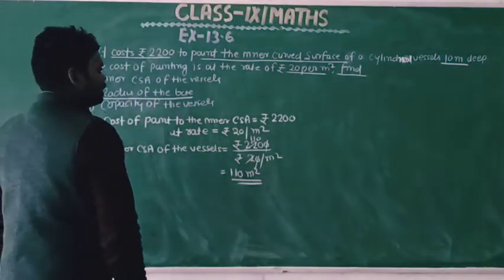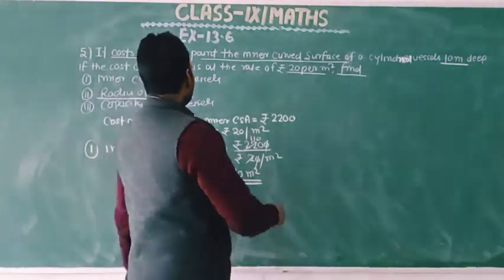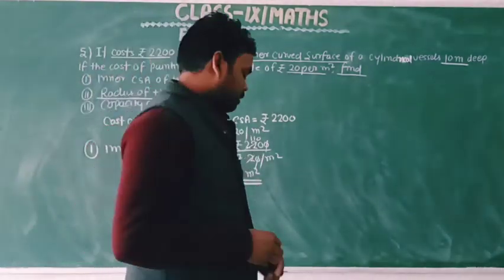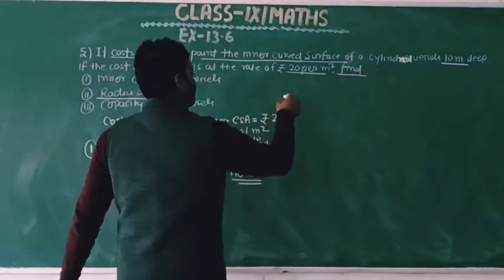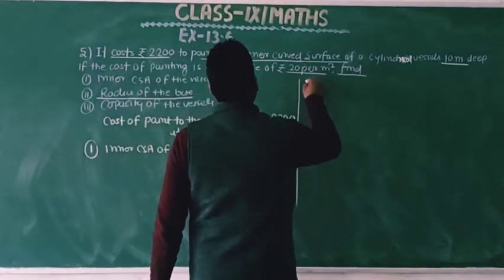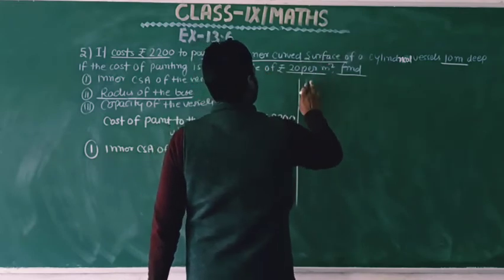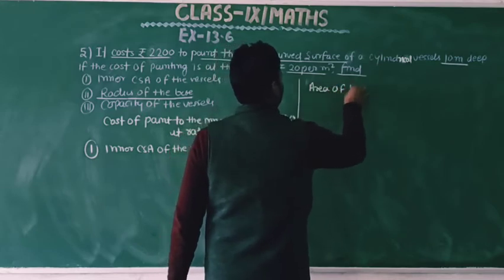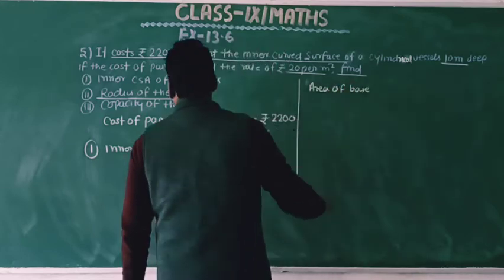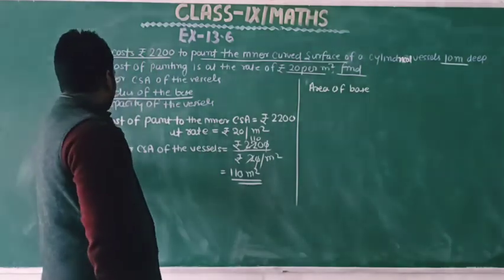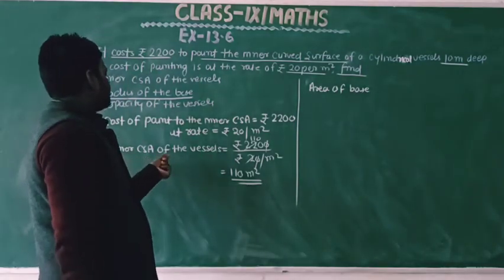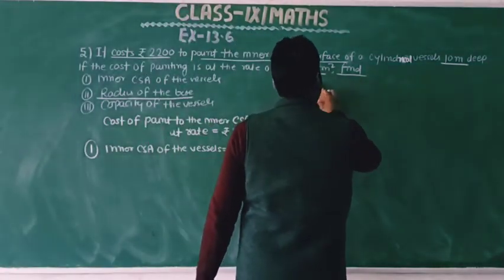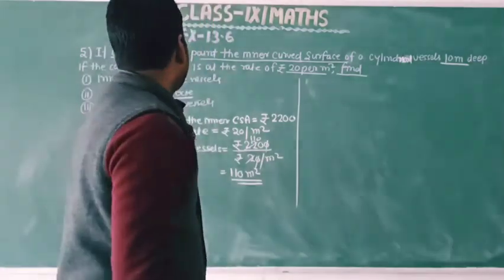So dear children, as we know, the base of the cylinder is in the form of a circle. So the base area is pi r square. But here we have to find the inner curved surface area of the vessel, so this is the inner curved surface area.